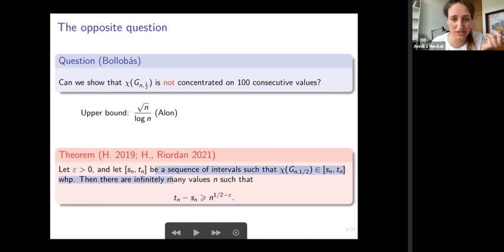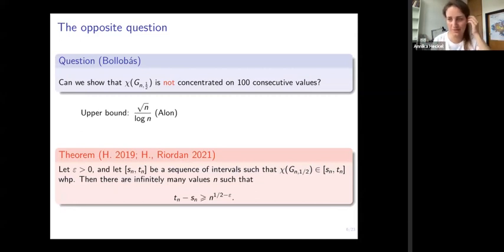So this result only says there are infinitely many values n, so that this lower bound holds. We don't have anything for every n, and we don't actually think this is true for every n. So we think for some n, this is not the correct answer. So this is the second thing I want to talk about, something we call the Zigzag Conjecture, on how we think the concentration of the chromatic number behaves.